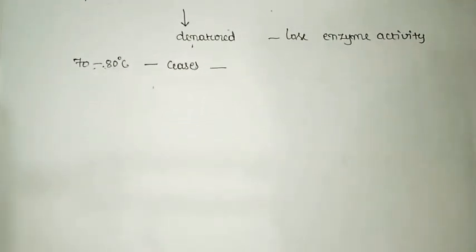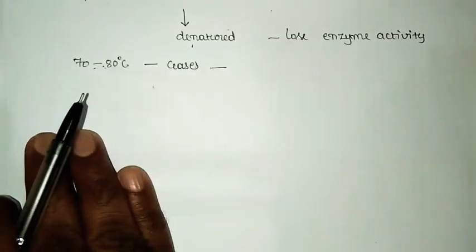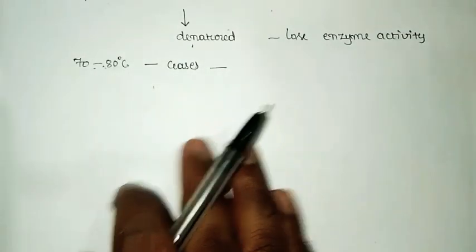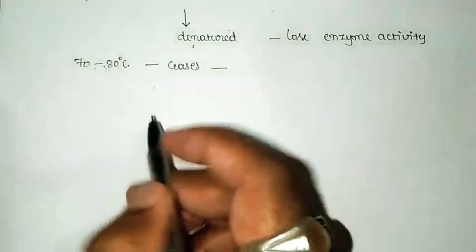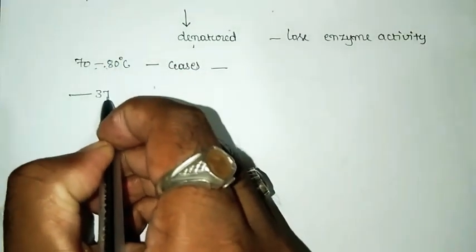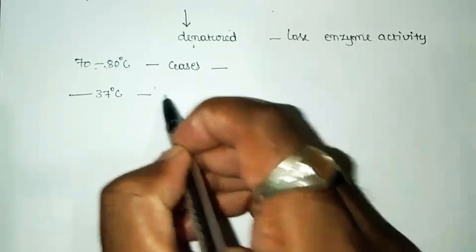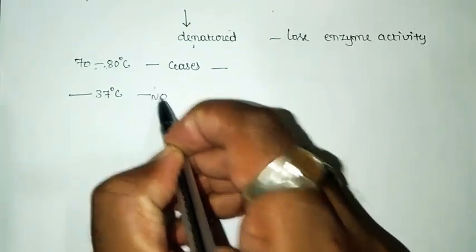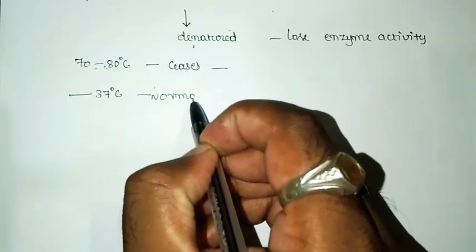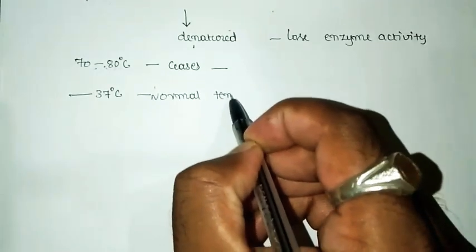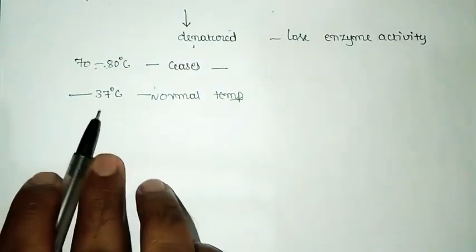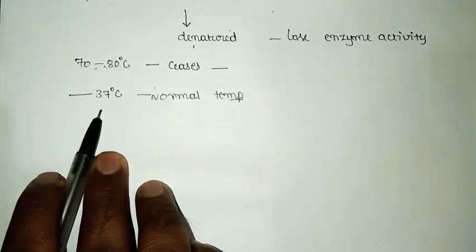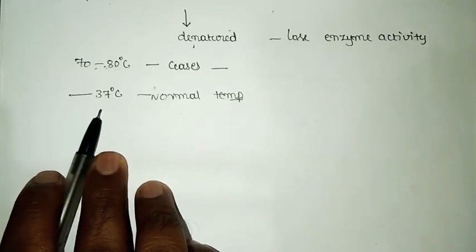If you bring down the temperature from room temperature, the majority of enzymes work at normal body temperature, say 37 degrees Celsius. This is the normal temperature at which majority of enzymes show great catalytic activity.